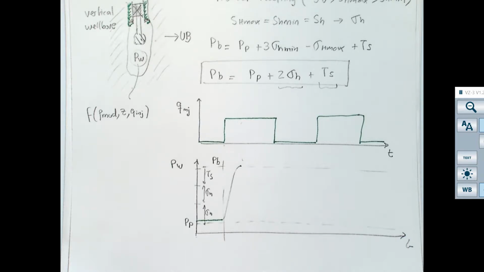Any other suggestions? Why would it drop? You don't have the tensile strength anymore, right? So that's one of the reasons. We're going to see that very clearly in just a bit.